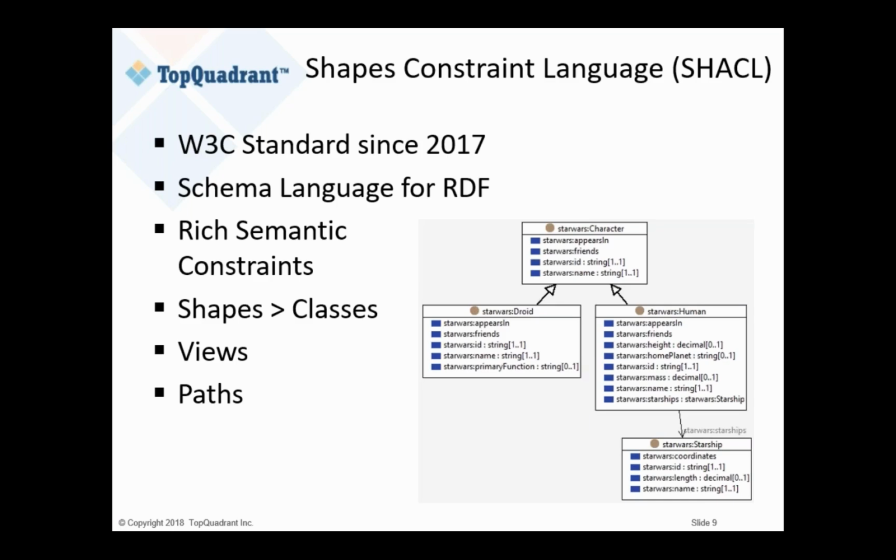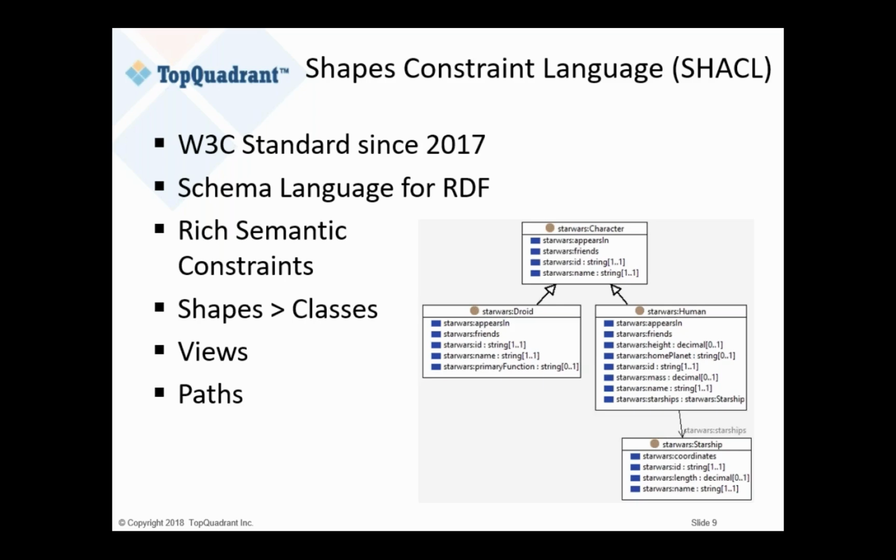Shackle plays a similar role to the GraphQL schema language, only that it's for RDF. And it's a W3C standard since last year. It's kind of similar to OWL and RDF schema, but it has richer semantics. You can express more with it, if you like, in terms of constraints.